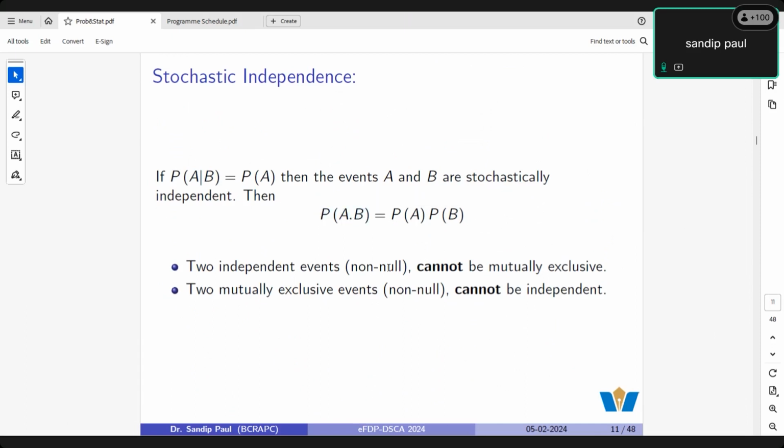So we always try to know if two events are independent, whether they are exclusive or not. We have to remember: two independent events cannot be mutually exclusive, because if P of A and P of B are non-null events, then the probability of their simultaneous occurrence cannot be 0. In another way, if they are mutually exclusive, they cannot be independent in general.